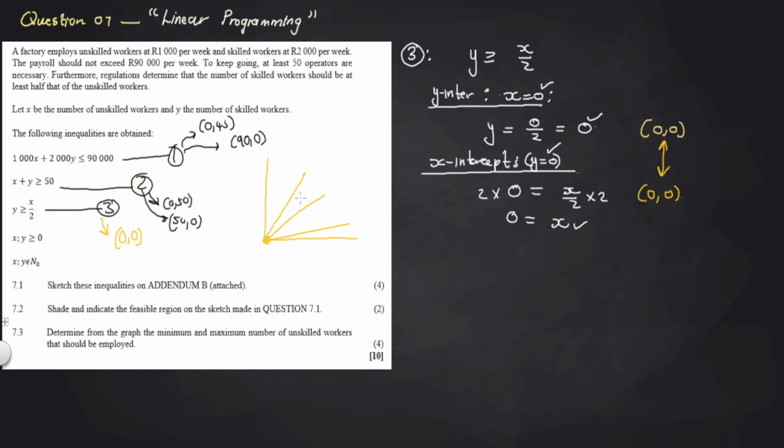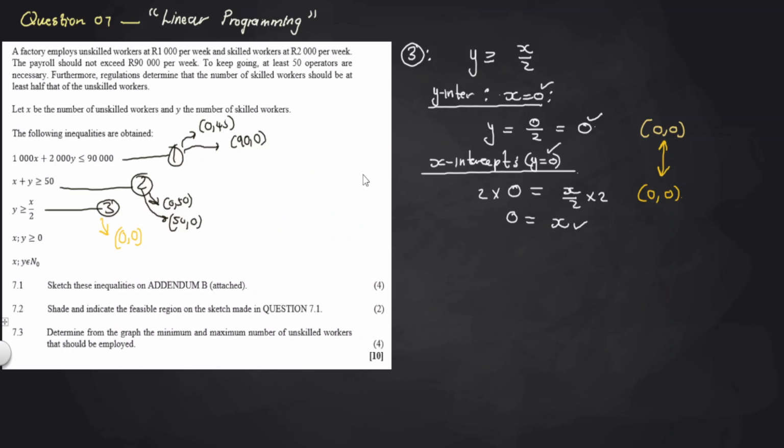You need to find a workaround using the slope, the steepness of that line. But we're going to discuss that just now. I'm going to plot the first constraint and the second constraint, then the last one I'll plot later.